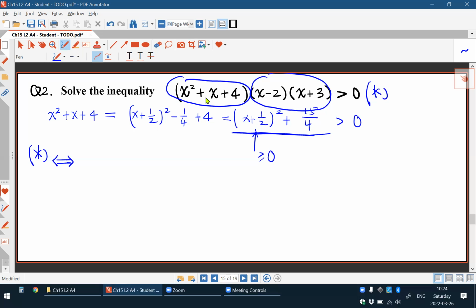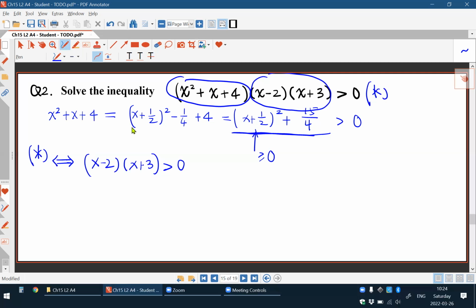If the first part is always positive, the product of these two parts is positive. That means the second part must always be positive, right? It cannot be a negative number, right? Otherwise, positive times a negative must be less than 0. So that's not the solution, right?